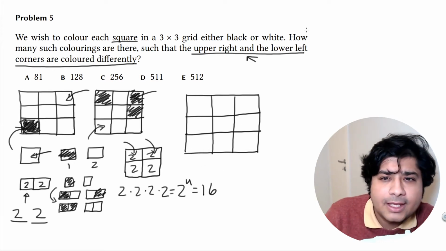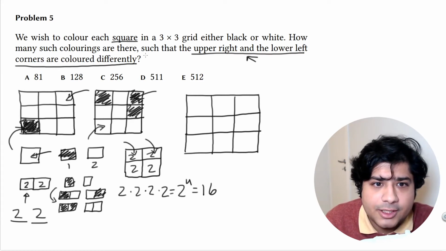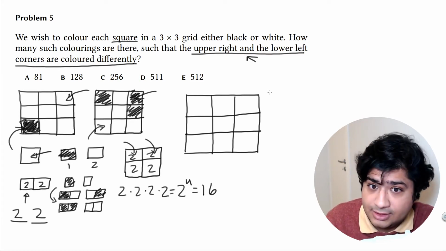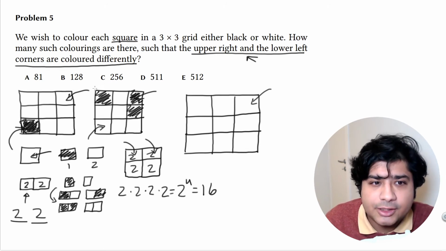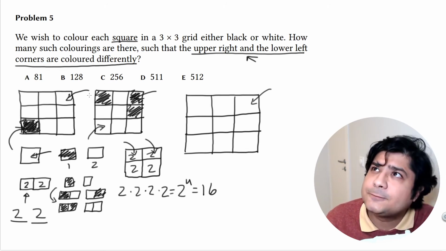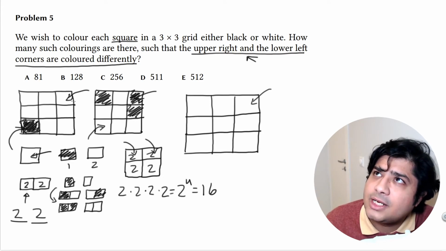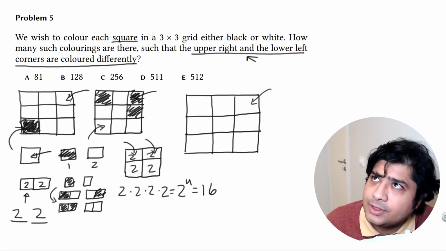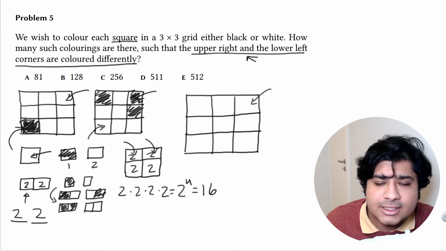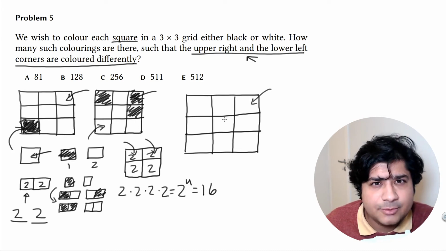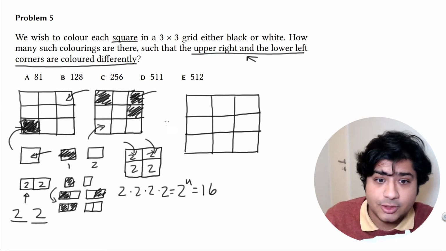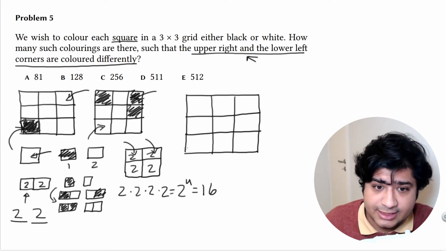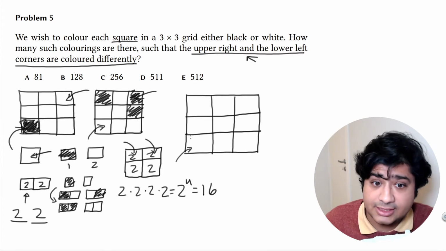So it's saying, how many such colorings are there such that the upper right, this one right here, and the lower left corners are colored differently? All right, so they have to be colored differently. So let's look at the different possibilities we have just for that. So one option could obviously be that this one is colored white.